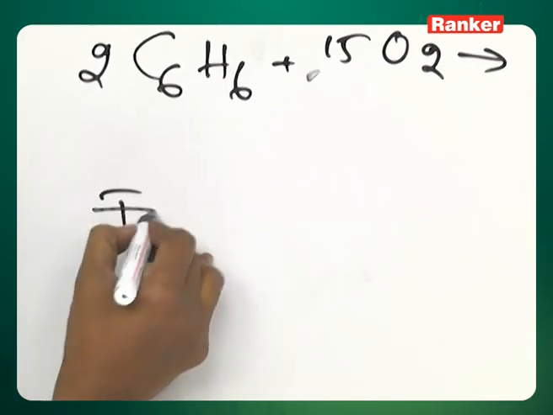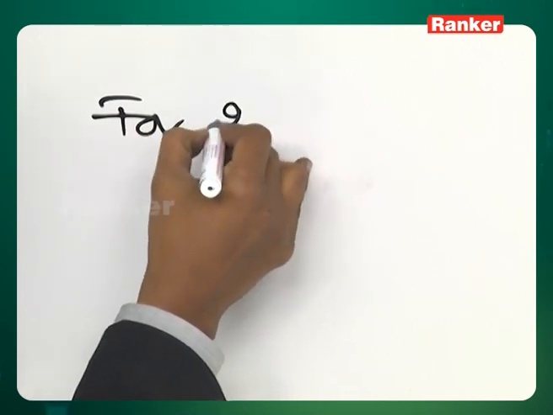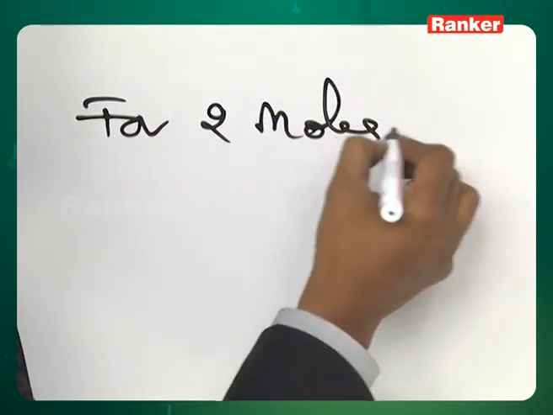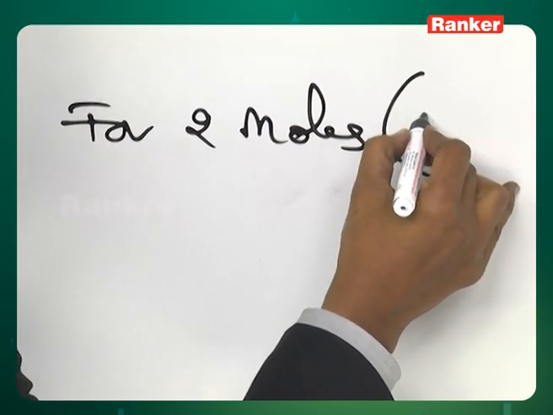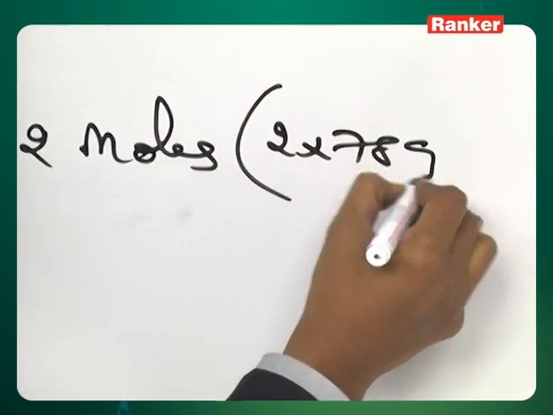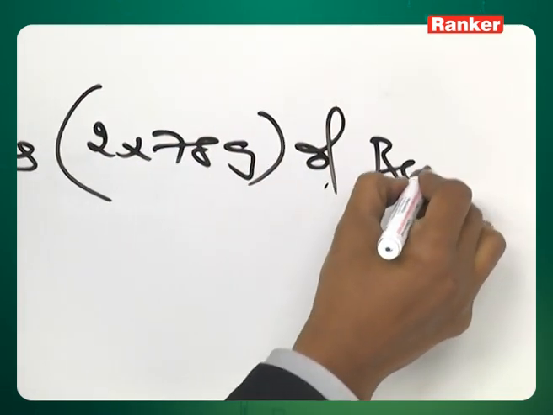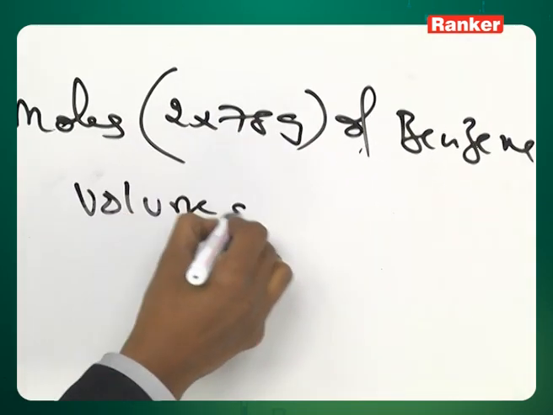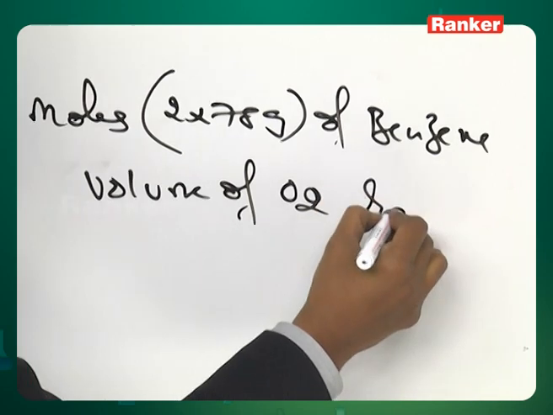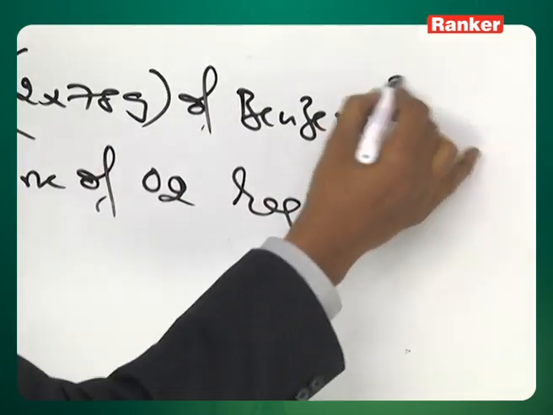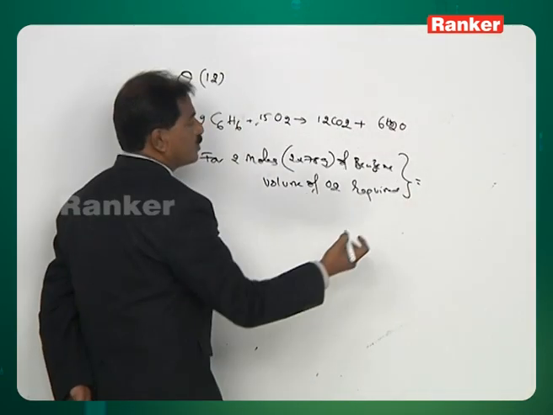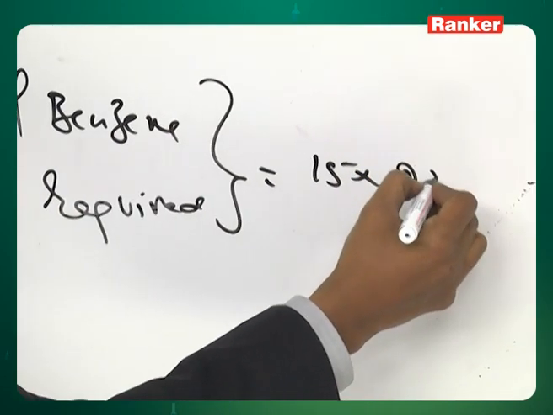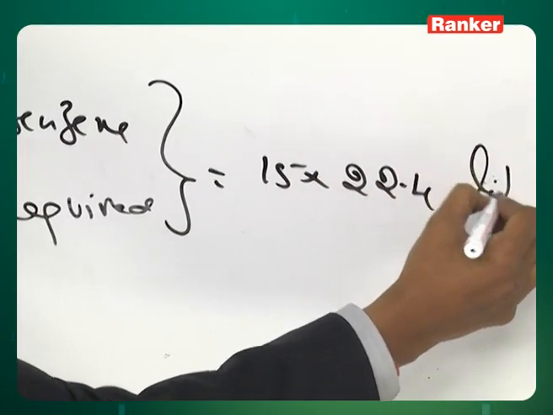Therefore, for 2 moles of the liquid benzene, 2 moles means 2 into 78 grams of benzene, the volume of oxygen required is 15 into 22.4 liters.